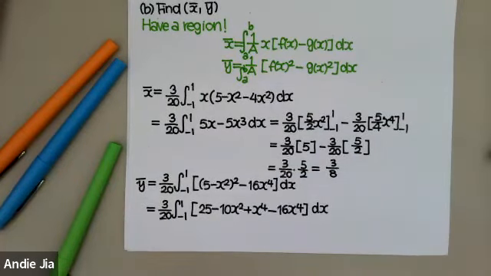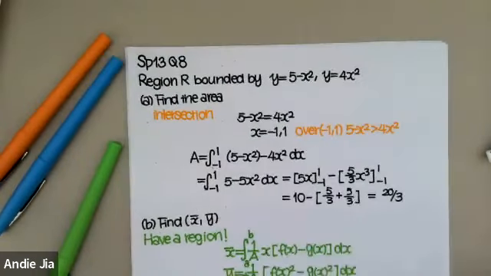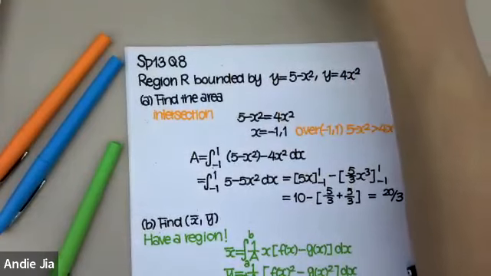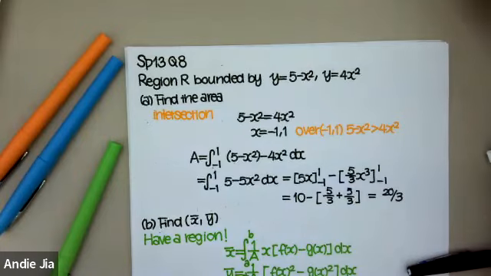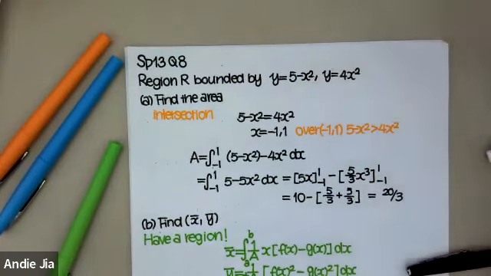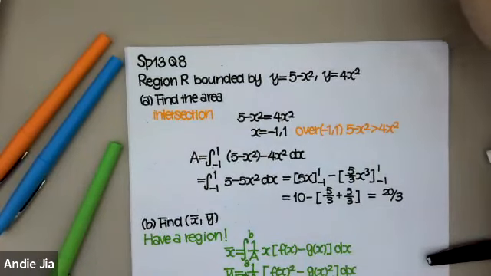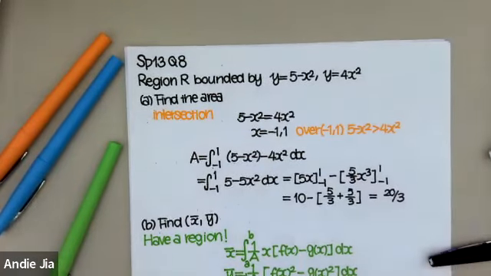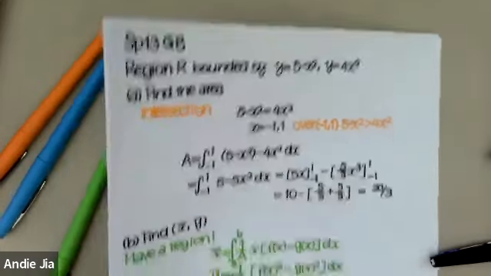It's going to be 25 minus 10x squared minus 15x to the 4th, dx, and the multiplying constant is going to be 3/20. The sum for y is going to be 28/5. And you might find something. Oh wow, this is 5.6, right?